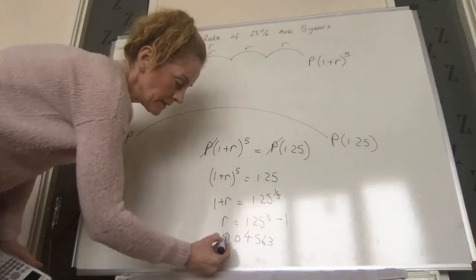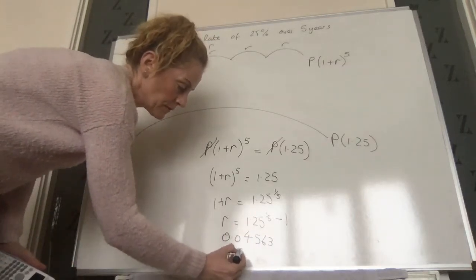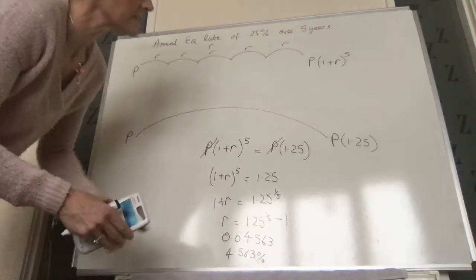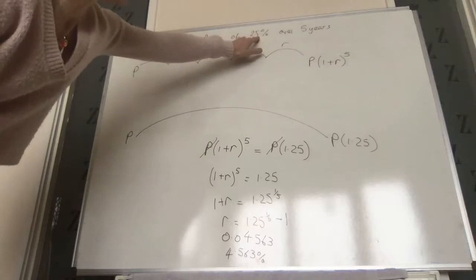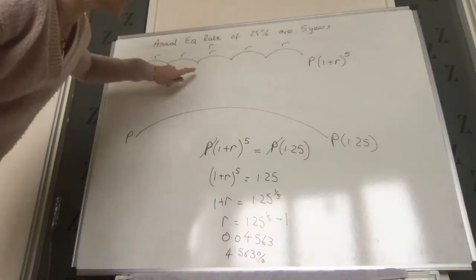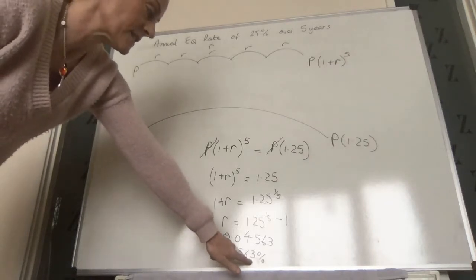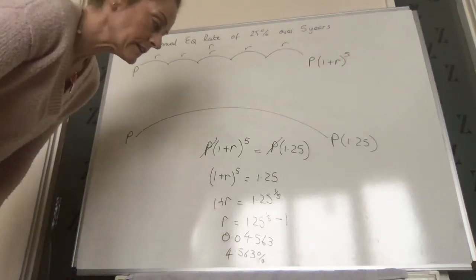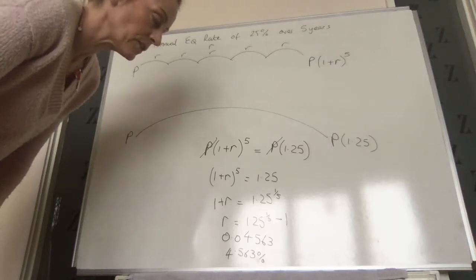That's as a decimal, so that is 4.563%. So what we're saying there is the annual equivalent of 25% over 5 years is the same as offering you 4.563% per year annually compound interest over the 5 years.